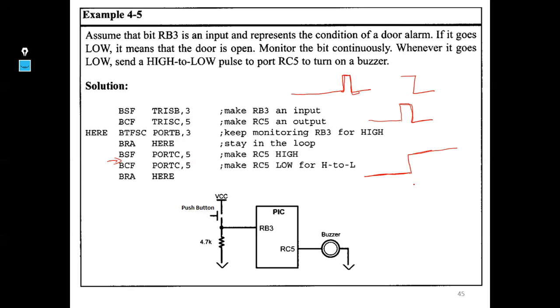This will not stop beeping. This will stop just if you open the door again, and then it will return back on. Okay, yes, I got it. Okay, it's clear, thank you. Any other question?